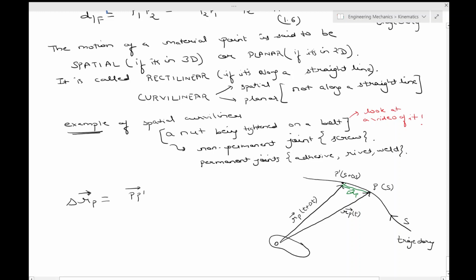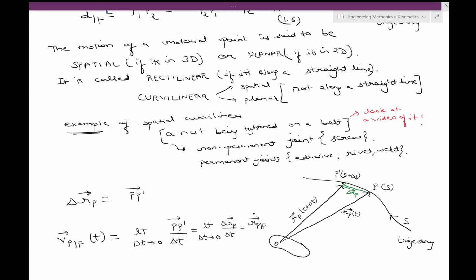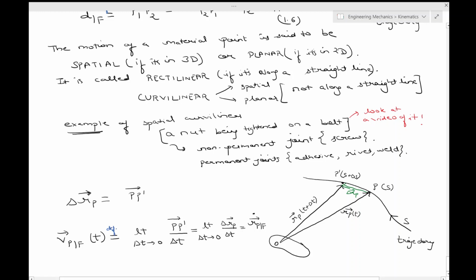Now we want to define the velocity. The velocity of the point P in the frame F at the time t is equal to the limit of delta t tending to 0 of delta Rp by delta t, which is equal to Rp dot of F. This is again defined like this.